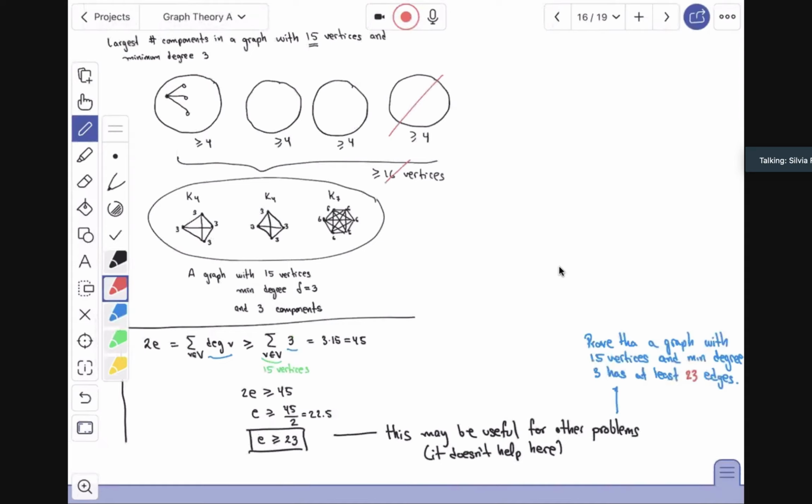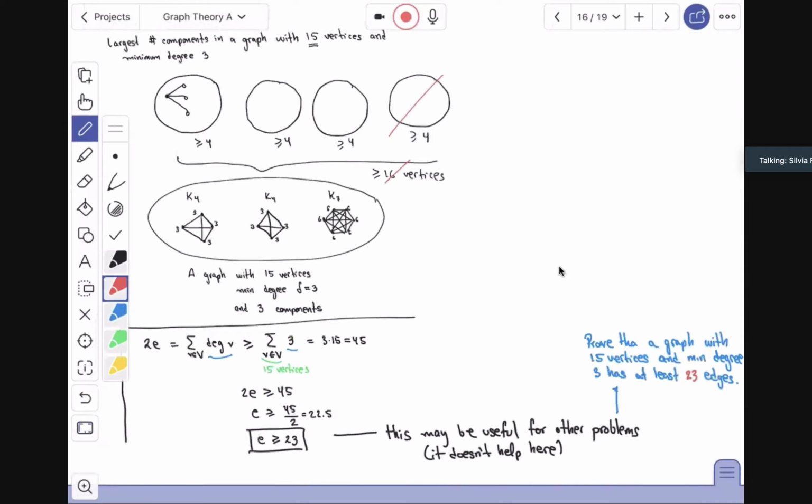Yeah. So you may use other things. For example, sometimes they give you the minimum degree and the maximum degree. Together with this theorem, you can find a bound. And then you can refine your bounds by, we talked about the parity of the number of odd degree vertices, which is always even. Sometimes you can use that to refine your bounds a little bit, or maybe they gave you some other properties so you refine them even more.